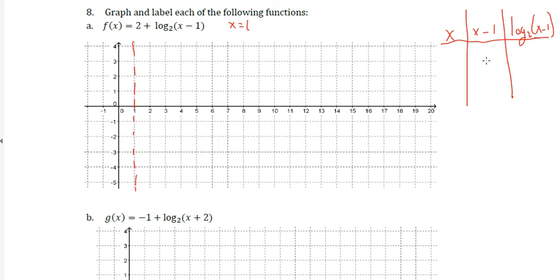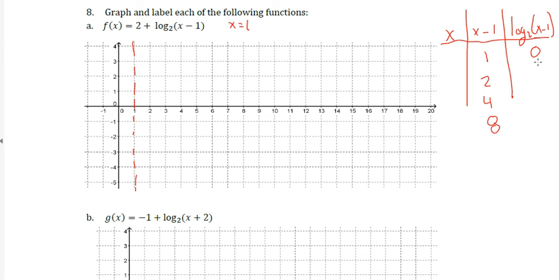I can't do 0, so I would really like it to be 1, 2, 4, and maybe we can do 8, we'll see.